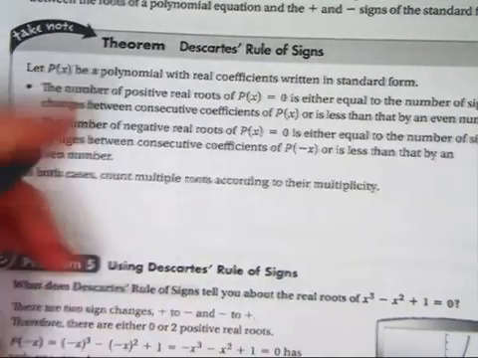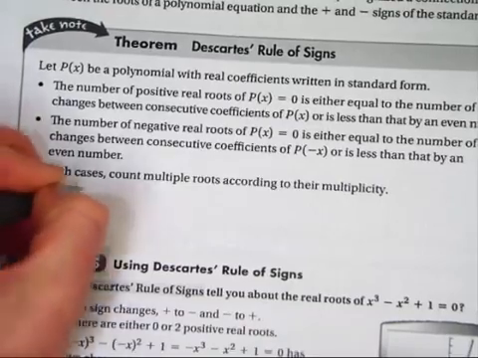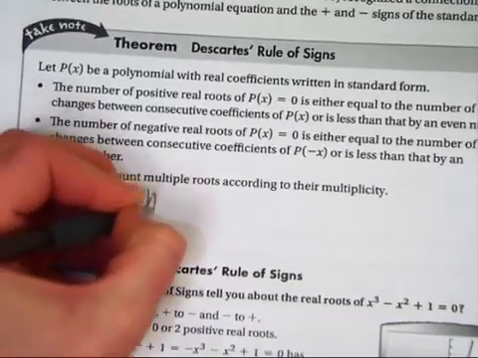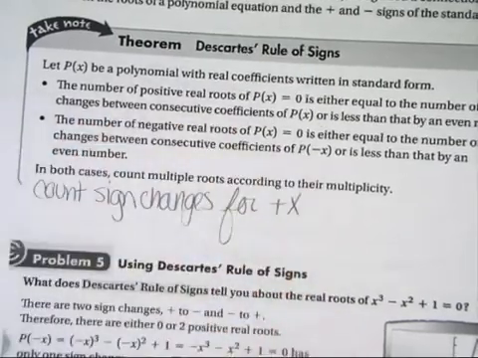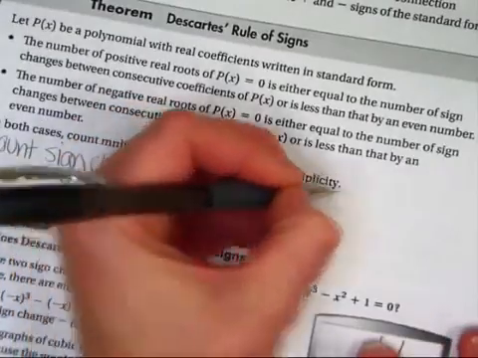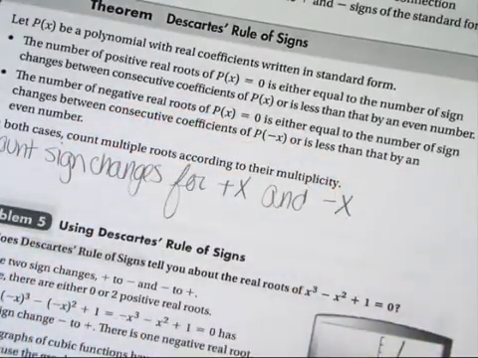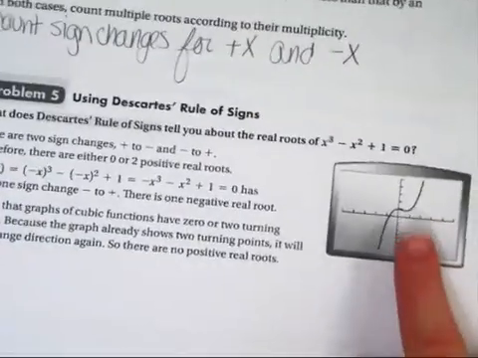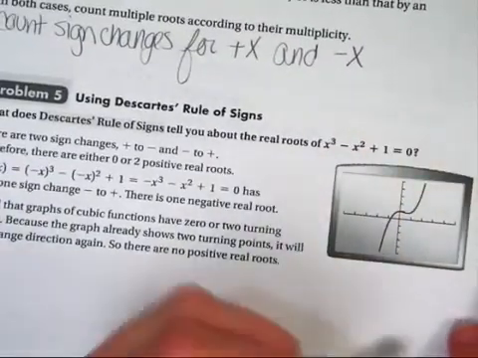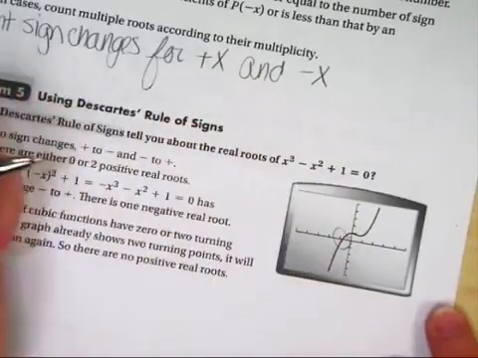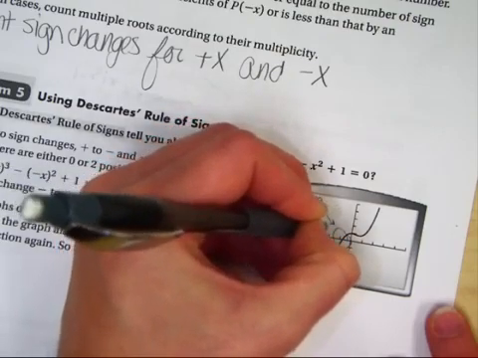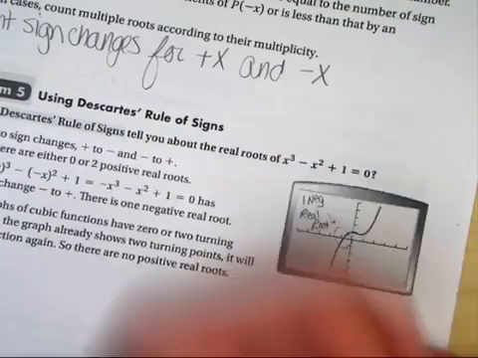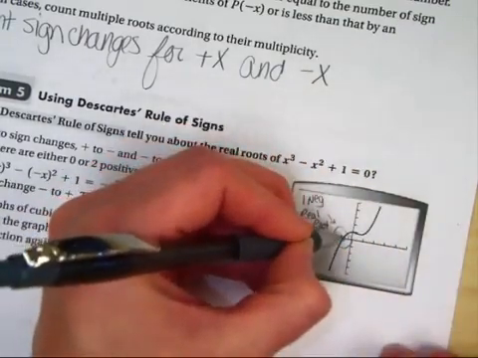What you need to be able to do is count sign changes for positive x and for negative x, and I'm going to show you exactly what I mean. Take a look at the graph of this particular equation. I hope you see it has one negative real root, because it crosses once at that point.